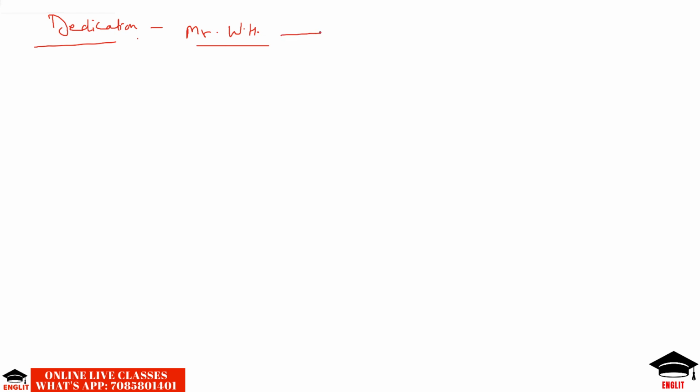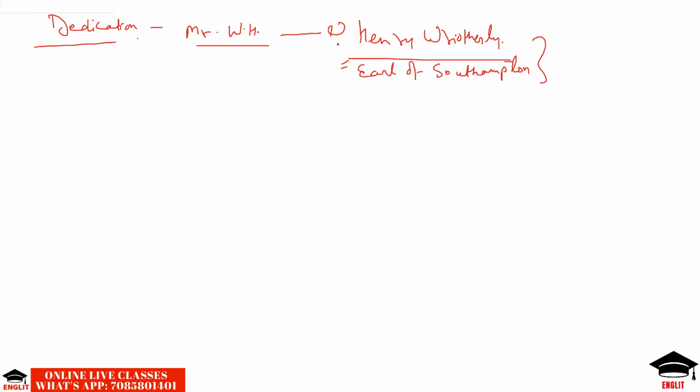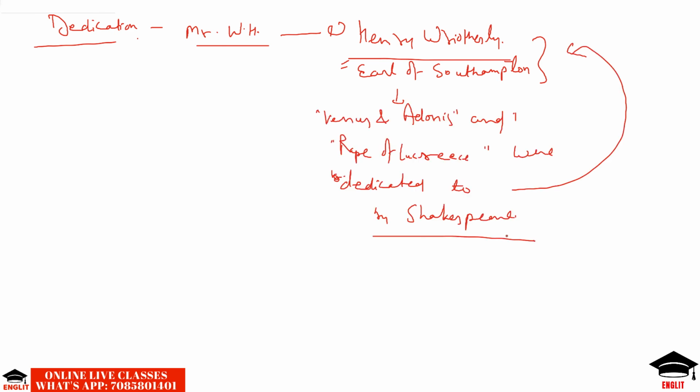Some people say it referred to Henry Wriothesley, the Earl of Southampton. It is assumed so because Henry Wriothesley was the person to whom Shakespeare dedicated Venus and Adonis and The Rape of Lucrece, so Shakespeare might have dedicated these sonnets to the same person as well. This is one of the assumptions.